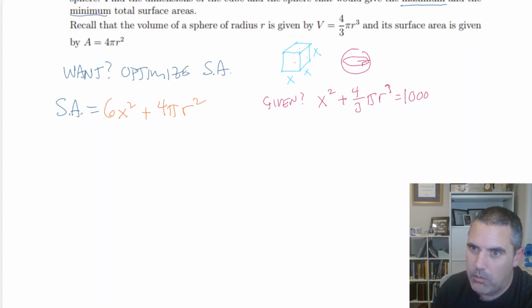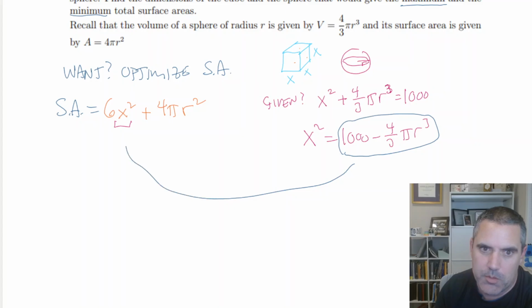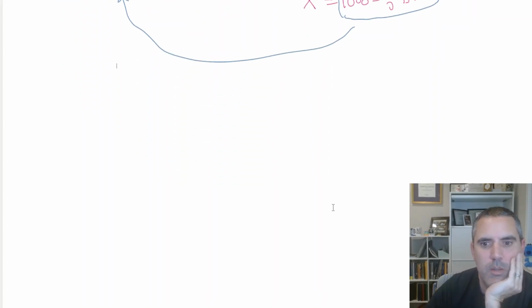I need to solve for either x cubed or r and substitute. I think it would be easier to solve for x squared because they match up. So you'd have x squared is 1,000 minus 4/3 pi r cubed. The reason I solved for x squared is because I saw that that will substitute directly. That'll give me a one variable function. Take the derivative. I'm off to the races.